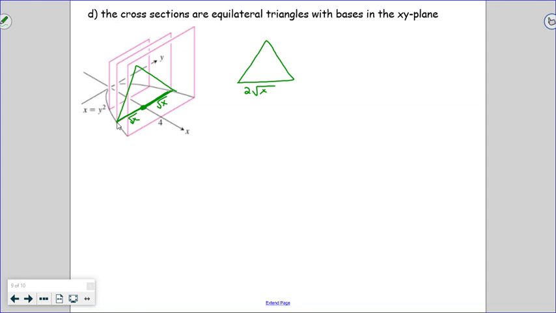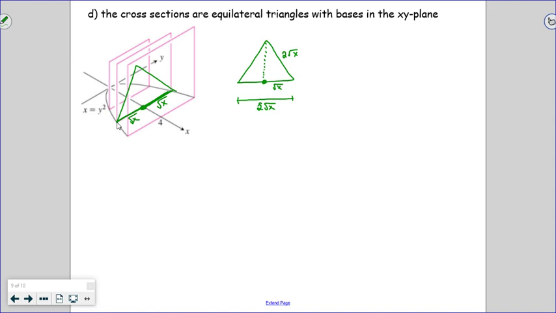So again, this has a little bit of geometry conversation to be had here, knowing that the length of the base of that equilateral triangle is 2 square root of x, which some of you may remember there is a formula for the area of an equilateral triangle, which I'll remind you of here in just a second. But we can also get there by just knowing what we know about right triangles. So then half of that would be just the square root of x, which would allow me to find the height using my Pythagorean theorem.